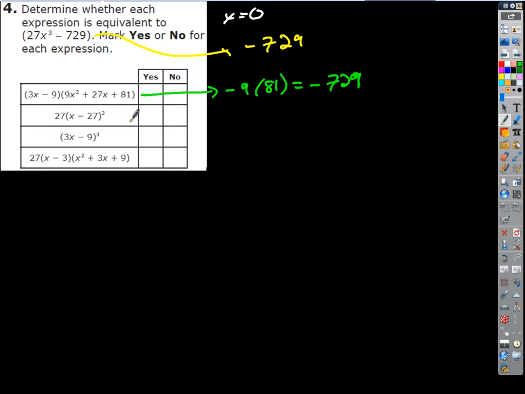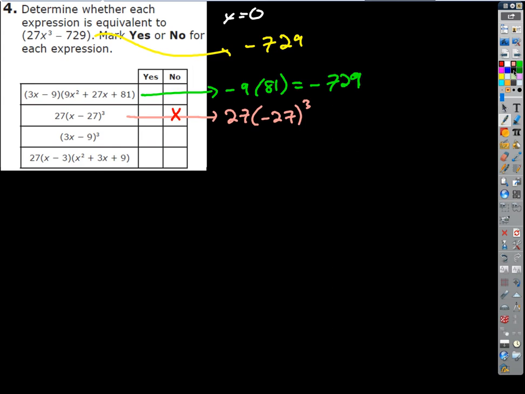Okay, what about here? I'm going to get 27 times negative 27 cubed, which is not even close. It's a huge number, way too big. So that one's a no.